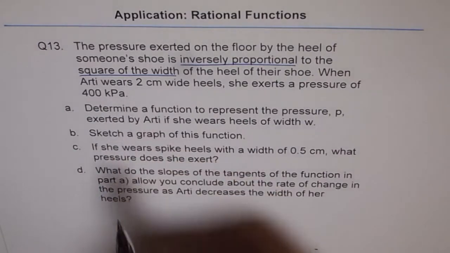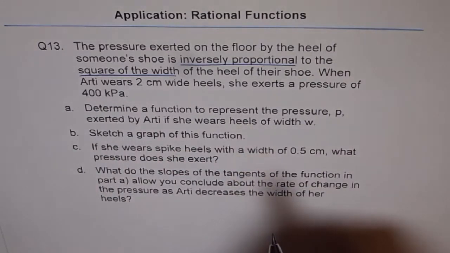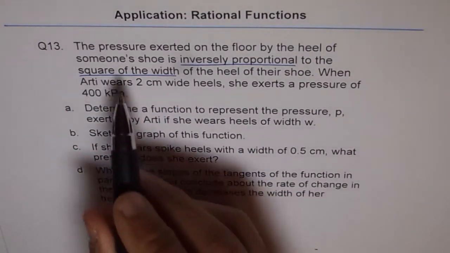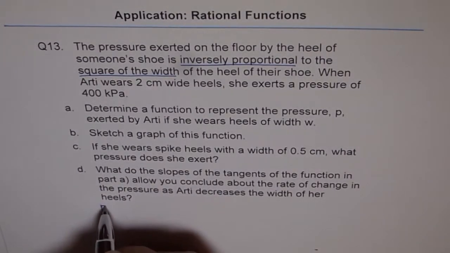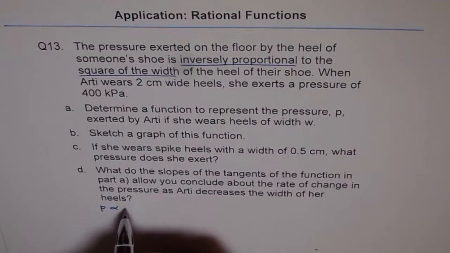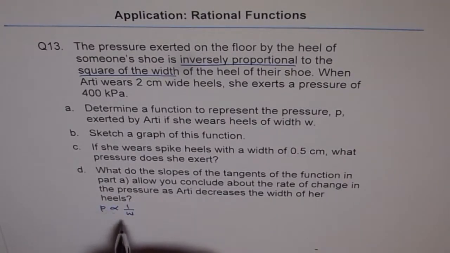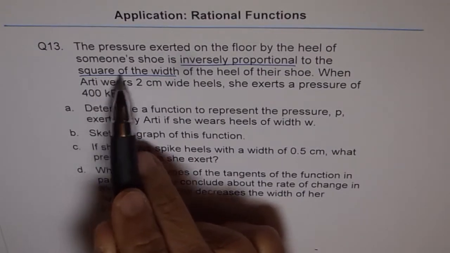That gives you the constant. So what we can conclude is that the pressure P is inversely proportional to the width W, so we can write P is proportional to 1 over W square.